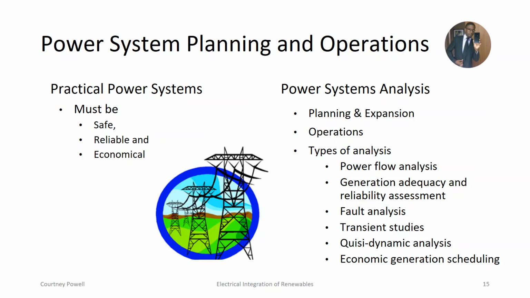There are different types of analysis, and it's also used in the operation aspect as well. So some types of power system analysis include power flow analysis, generation adequacy and reliability assessments, fault analysis, transient studies, quasi-dynamic analysis, and economic generation scheduling, which is more of an operation component.